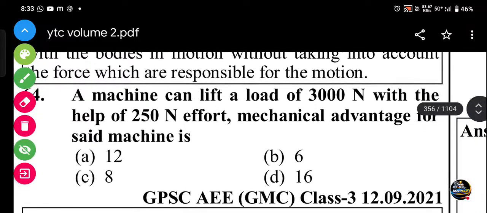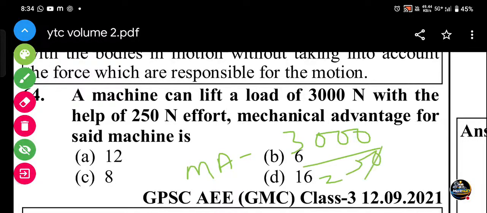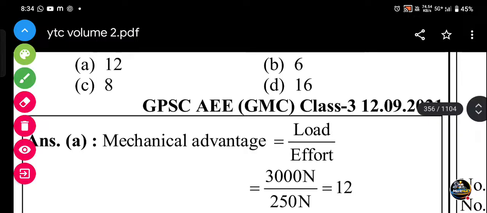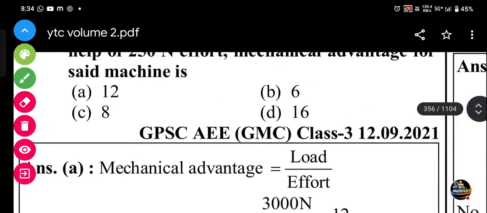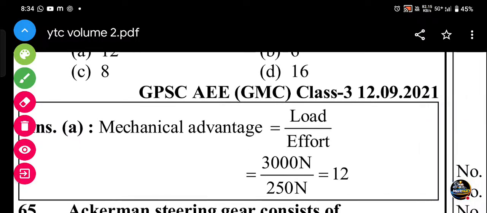Next question. A machine can lift a load of 3000 with the help of 250 Newton effort. The mechanical advantage equals load lifted by the effort. 3000 divided by 250 is 12.